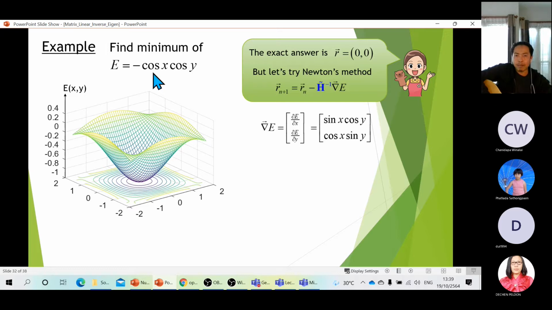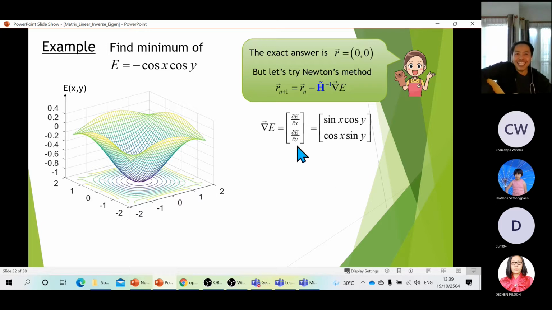cosine x becomes minus sine x, and the minus there cancels the minus in the front, so you get plus sine x. The cosine y is still there. It does not change because we are taking the derivative with respect to x in this case. What about dE/dy? It's the same kind of concept, but let's call it diff to make it simpler, because it takes too long for me to say derivative.